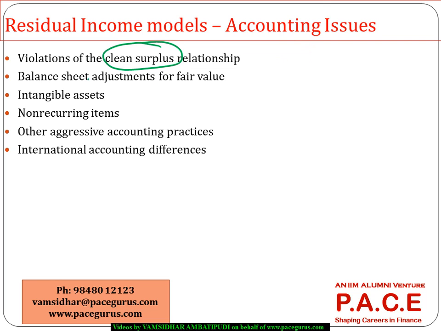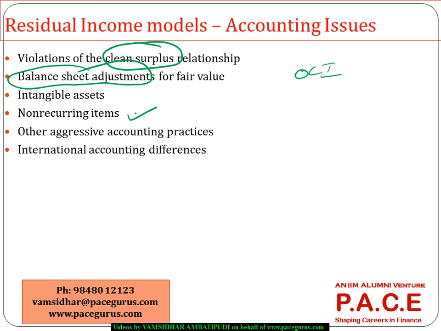Any balance sheet adjustments that we make for fair value, because sometimes that would result in something being added to the other comprehensive income, bypassing the income statement, all these things will have an impact on the residual income calculation. So if such things come up, we make the necessary adjustments and bring them into the income statement so that the residual income can be calculated appropriately.